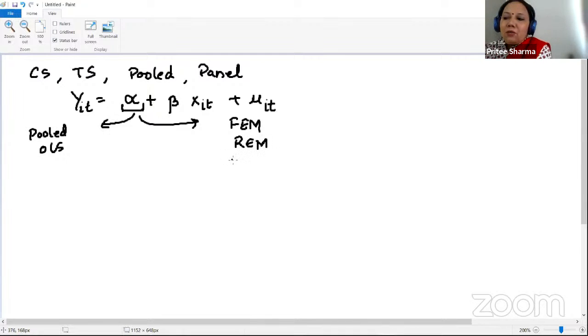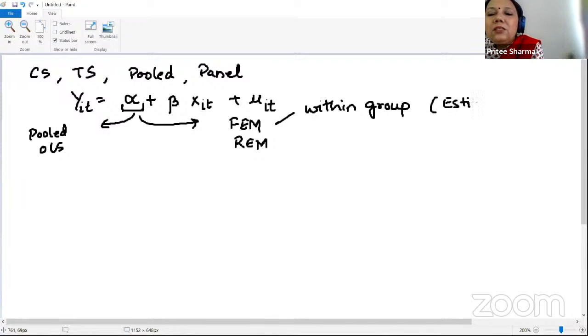Now, in the case of the fixed effect model, the first thing we did was what is also known as the within group. In the within group fixed effect model, we estimated OLS from, you remember, the demeaned values.